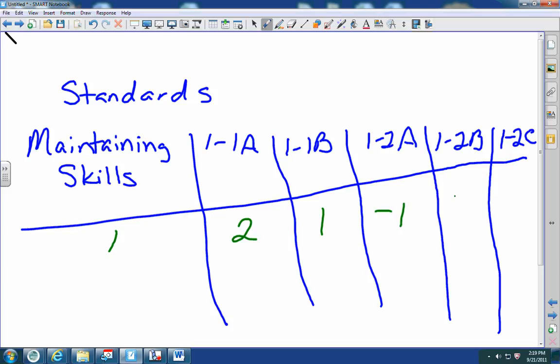This one is a 3, and this is a 4. All of these, at the end, average together, and when they average together, they give you your final grade. These are all the standards for our first 6 weeks, so this is your final grade for the first 6 weeks.